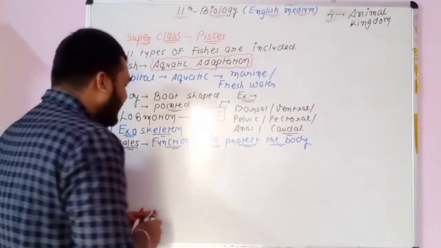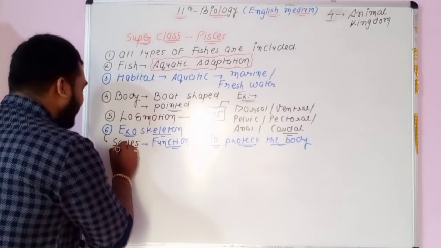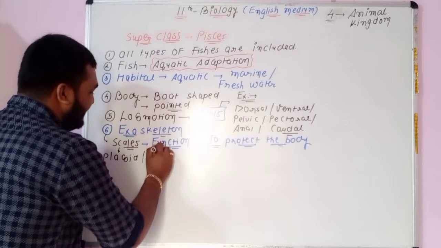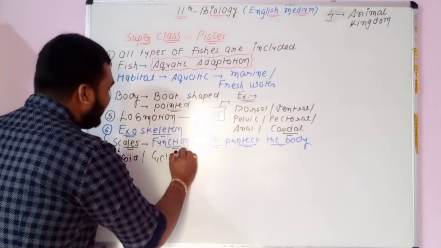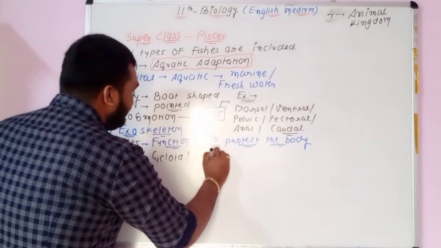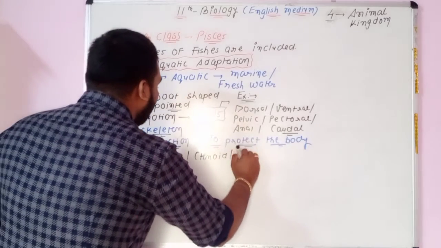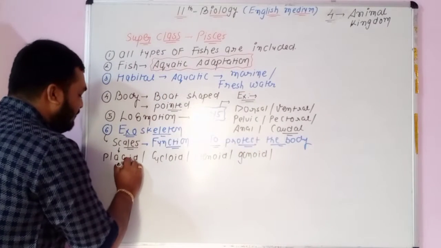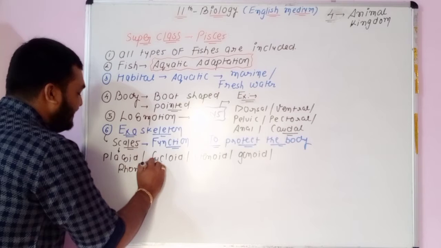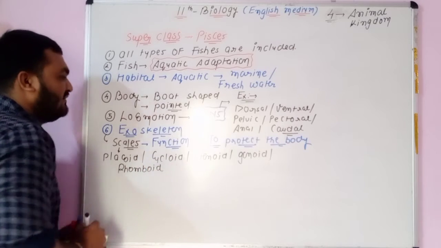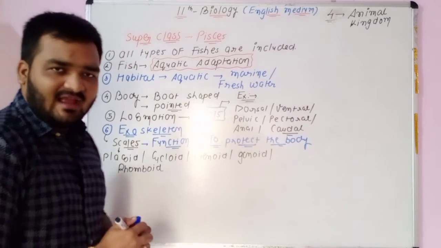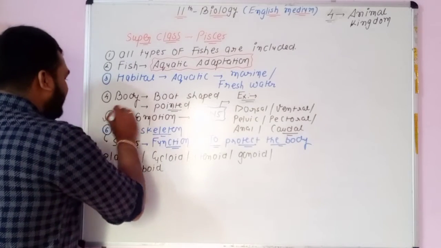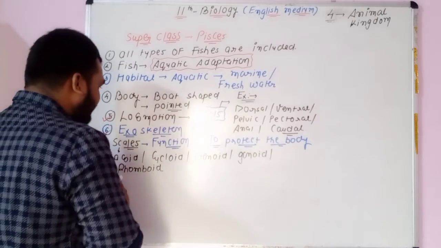Now if we write some examples of scale: placoid scale, cycloid scale, ctenoid scale, gonoid scale, and rhomboid type of scale. These are all examples of different types of scales. So the important ones are locomotion and exoskeleton.